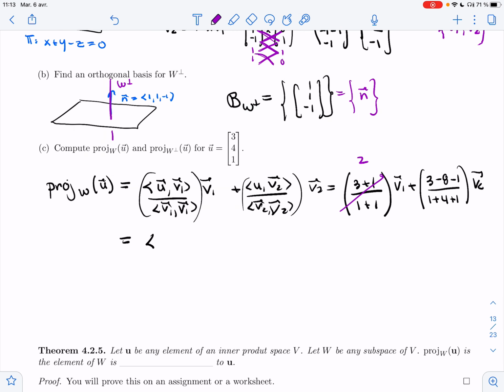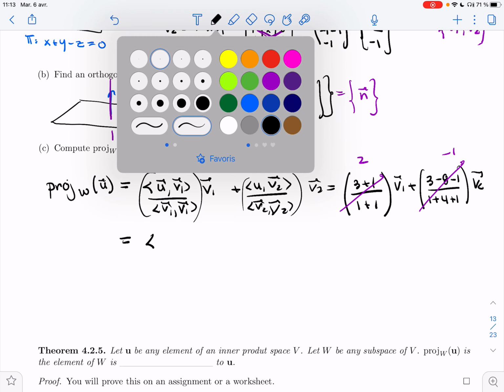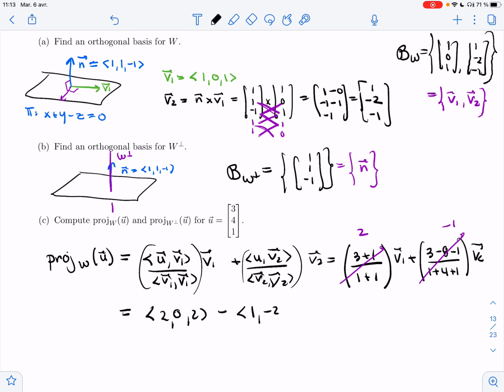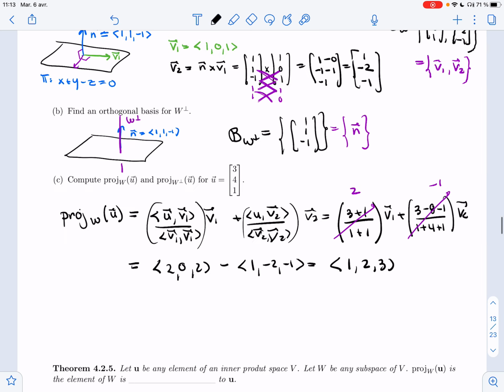This is 2. This is minus 6 over 6, so minus 1. I get 2 times the first, so that's (2, 0, 2), minus 1 times (1, -2, -1). I get 1, I get 2, and I get 3. Vector (1, 2, 3). That looks made up.